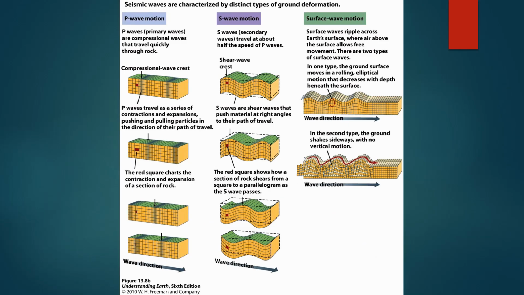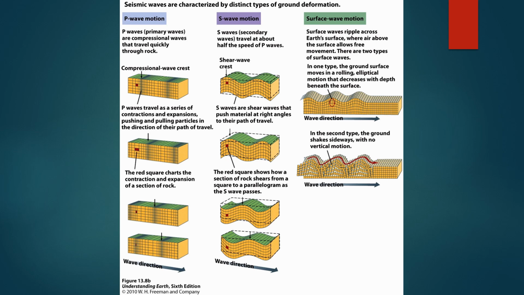The motion of different types of waves are different too. P wave is a compressional wave. P waves travel as a series of contraction and expansion, pushing and pulling particles. The compressional direction is the transporting direction within the Earth.